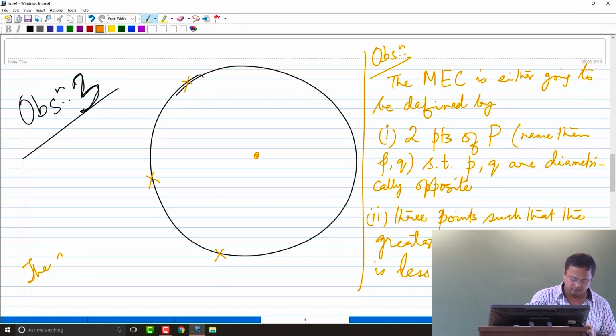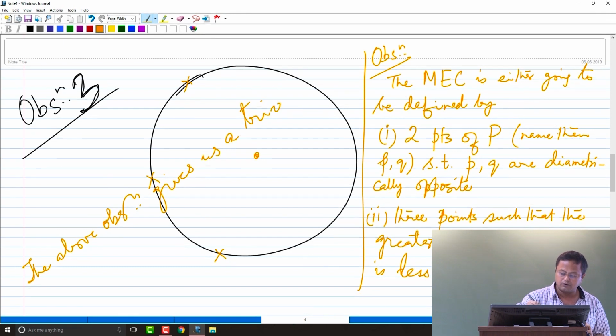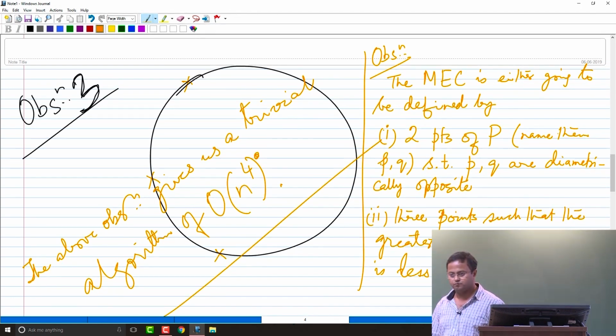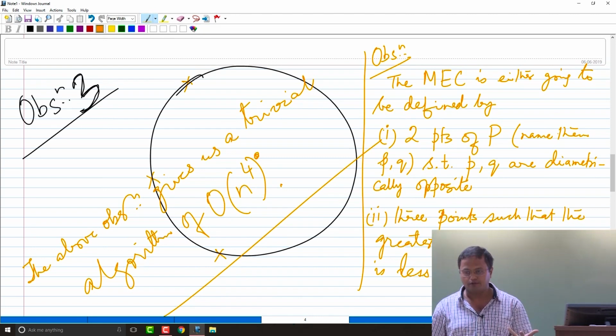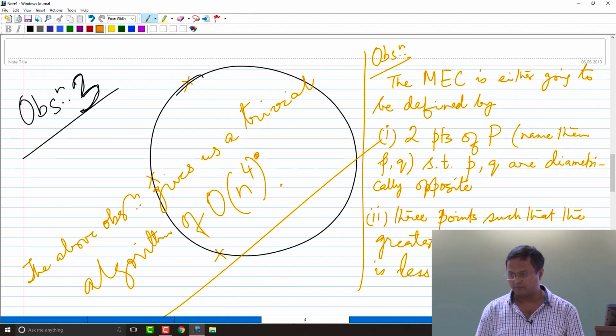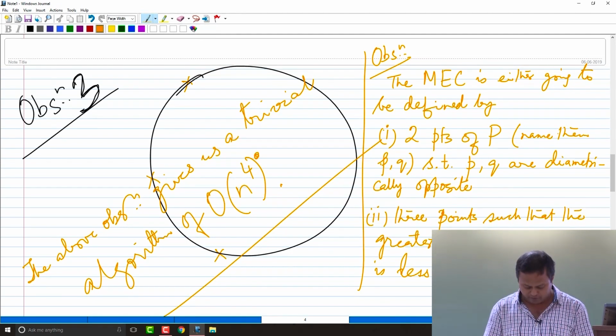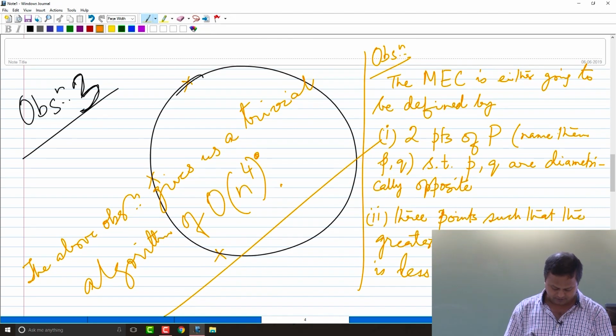So, this simple characterization straight away gives me an algorithm of order n to the power of 4, right, because NC 3 is order n cube and I test for all other n points, inclusion or exclusion, right. So, this is at least polynomially solvable, fine.